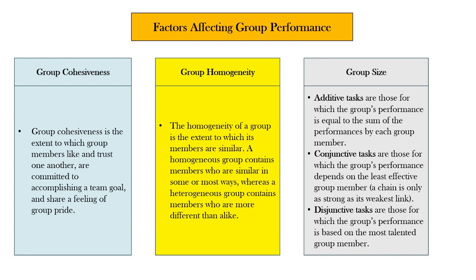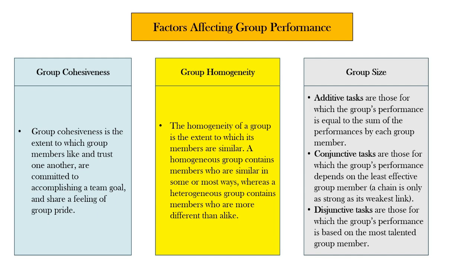Examples of groups performing additive tasks include bowling teams and typing pools. In groups working on additive tasks, each member's contribution is important, and larger groups will probably be better than smaller groups.